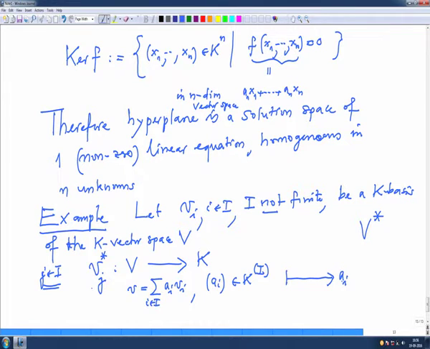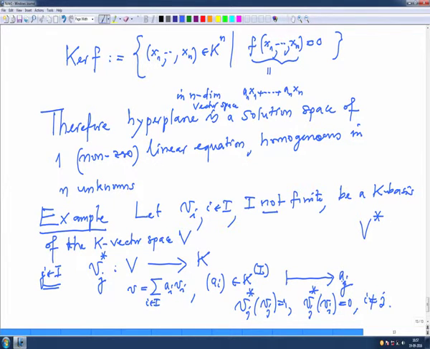So, only finitely many elements of this basis under v_j star will go to non-zero. In fact, v_j star of v_j goes to 1 and v_i goes to 0 if i is not j.